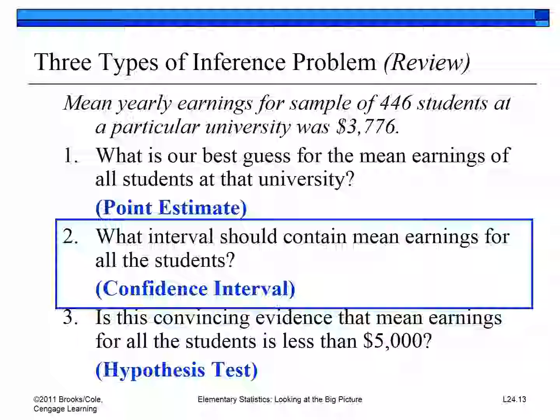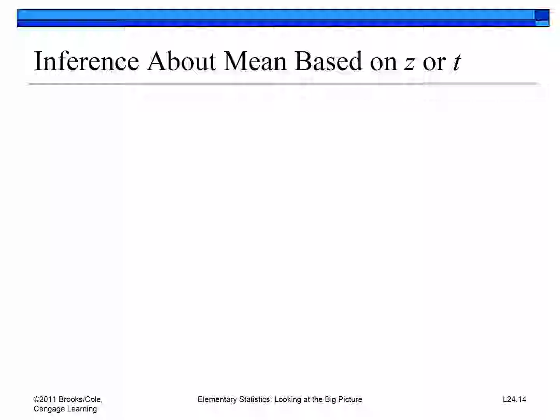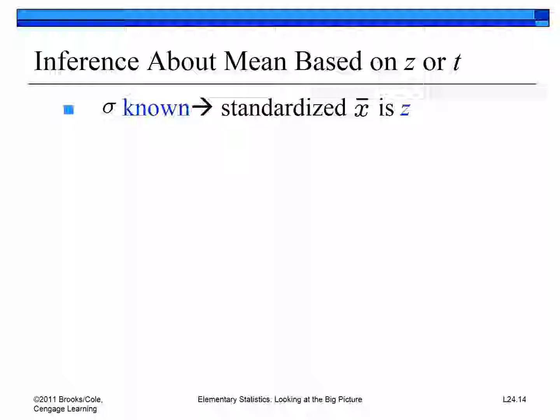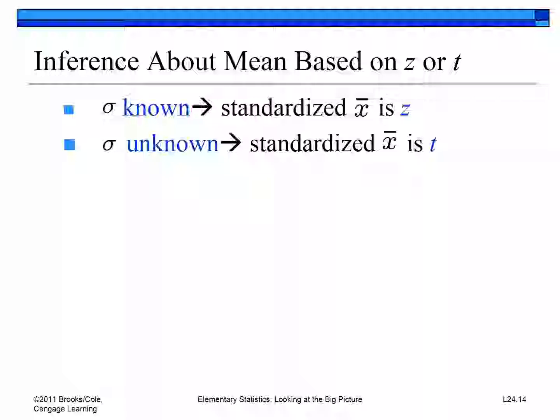So let's turn our attention to confidence intervals. When the population standard deviation is known, when we standardize sample mean, we'll call it Z. When the population standard deviation is unknown, we'll call the standardized x value, x mean, T. So if the standard deviation of the population is known, we'll use Z, and we'll use the normal distribution.